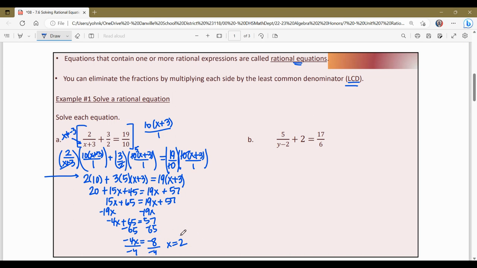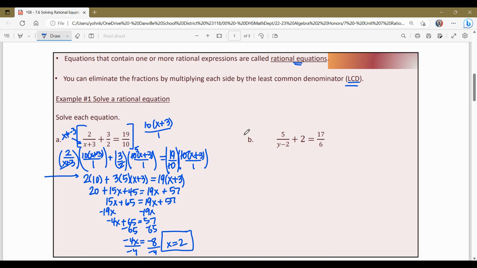Well, we got 2, so we're good. If we had done all this solving and got x equals negative 3, we would have said, oh, we can't have that, no solution. So always be thinking about those excluded values, or the values that would make the denominator equal to 0.